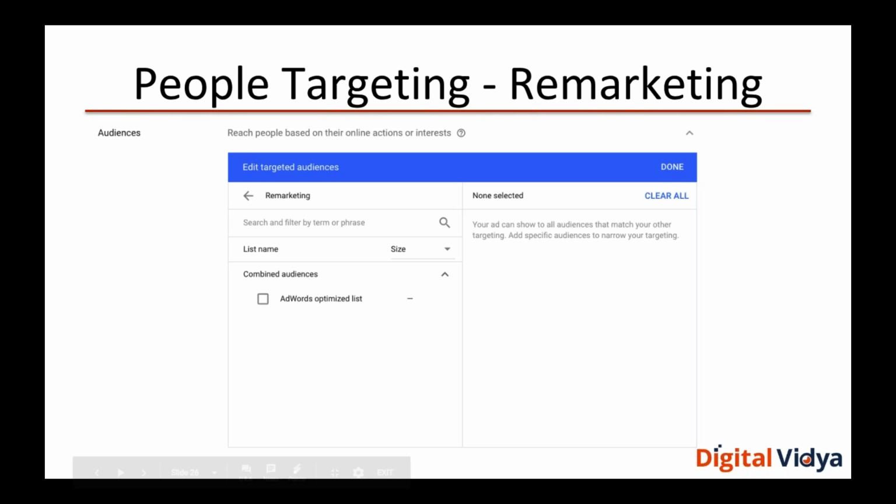Remarketing simply means re-engaging or retargeting those users who have visited your website and expressed interest in any particular page, product, or service. Have you noticed that sometimes when you browse certain products on Amazon or Flipkart or any such website and you leave, you start seeing ads following you related to that product? Let's say you look up a pen drive and you didn't purchase.